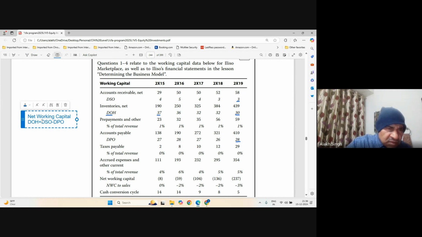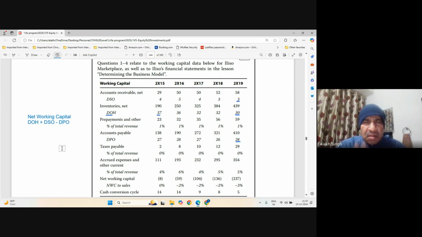That way we get our net working capital position. If it is negative, then DPO is more than these two, and suppliers are financing us. So this becomes our formula, net working capital.